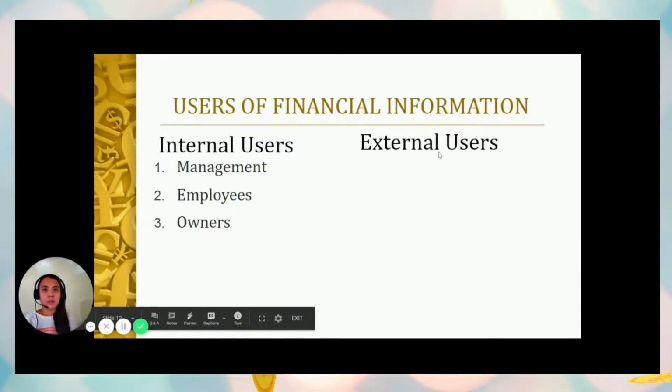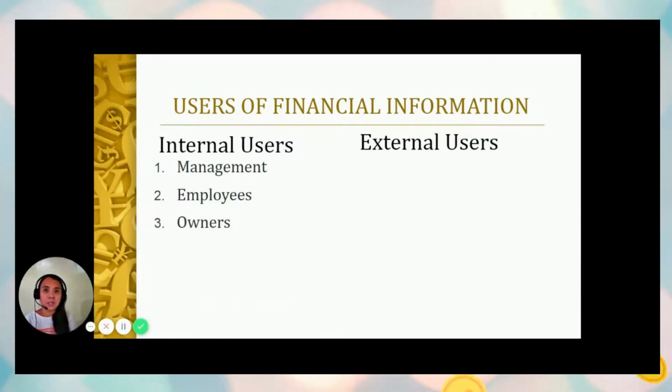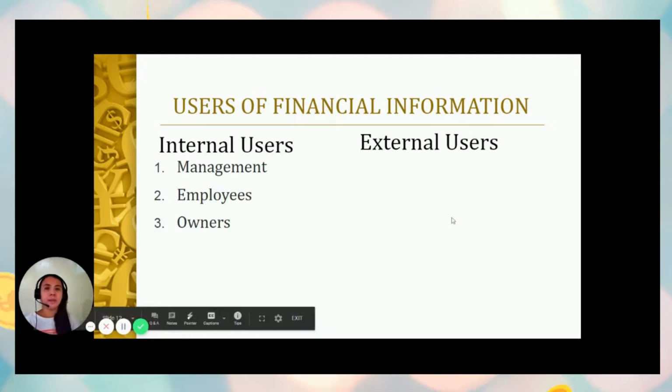Now, for the owners, the accounting information that they need would be the profit or income for the period, and also the resources or assets of the business and the liabilities of the business. The decisions supported by these accounting information would be considerations regarding additional investment, or probably expanding the business, or borrowing funds to support any expansion plans.